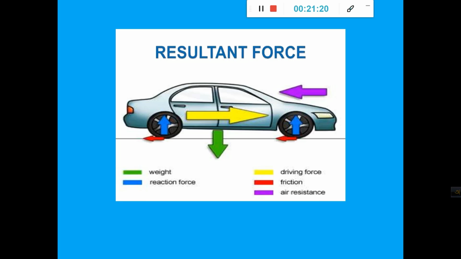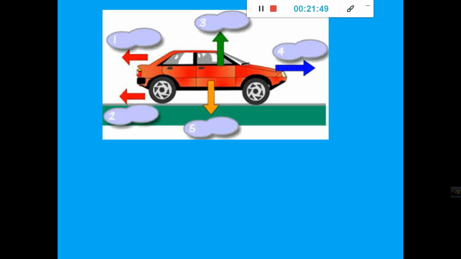The friction force, the red colored one, acts where the wheels of the car touch the road. It is one kind of contact force. And air resistance, purple colored, and reaction force, blue colored, the upward normal reaction force. Try to solve this one.